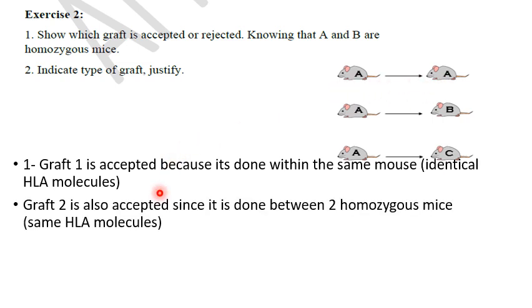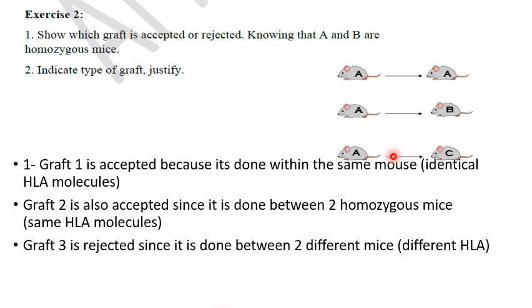Graft 2 is also accepted since it is done between two homozygous mice, same HLA molecules. So here the graft is also accepted. In the last case, graft 3 is rejected since it is done between two different mice, so they have different HLA molecules.